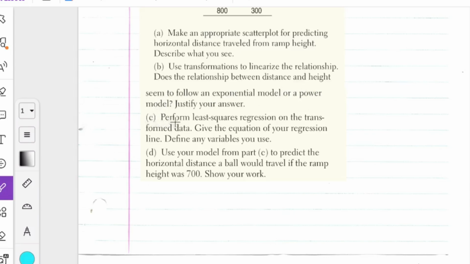So for C, perform a least squares regression on the transformed data. Give the equation of your regression line. Define any variables you use, right?